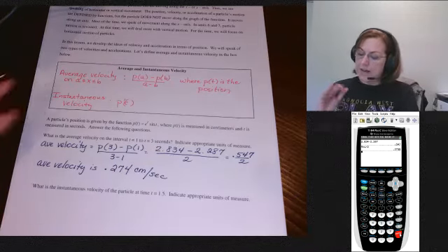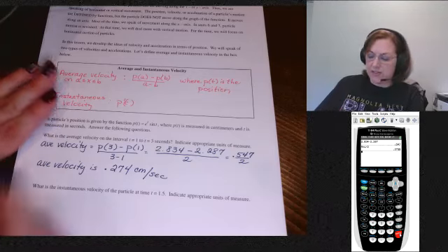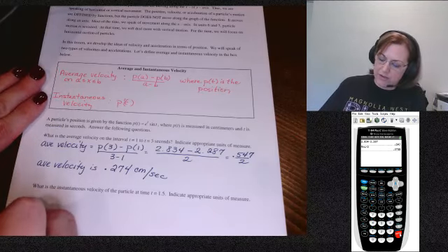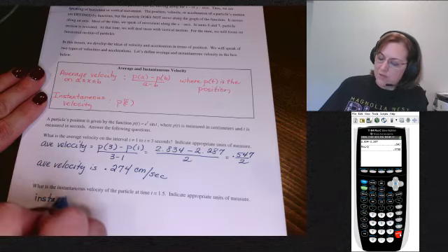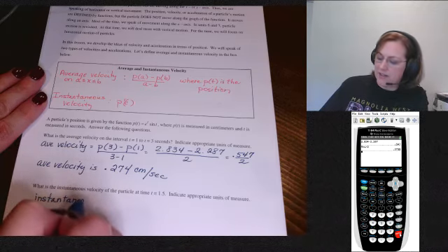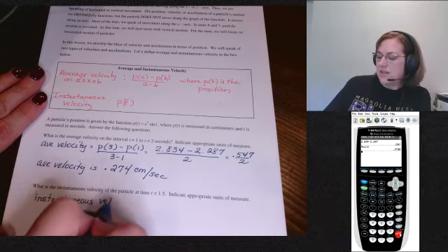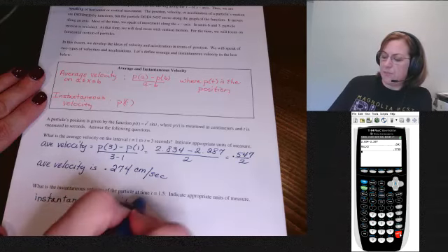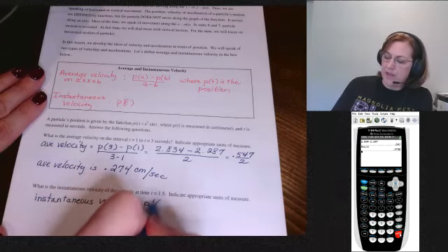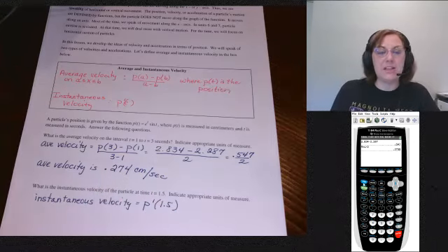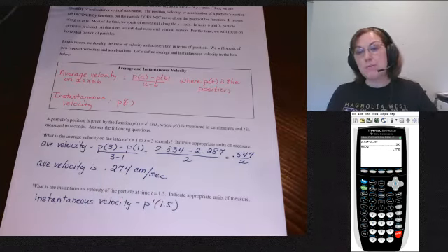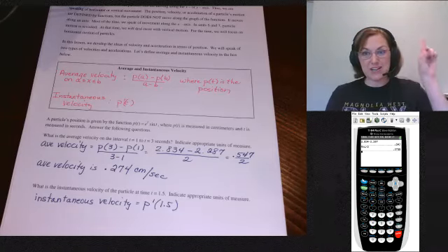Now to do the instantaneous velocity, this is where I'm going to take the derivative. My instantaneous velocity is the derivative of the position at 1.5. If you've seen any of my videos, you've seen me take the derivative, but I'll show you one more time. Remember, my position function is in y1.